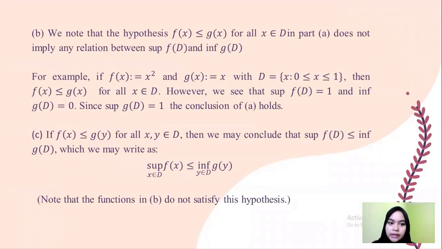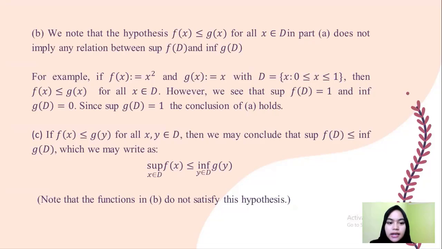And for part B, we note that the hypothesis in part A, f(x) is less than or equal to g(x) for all x in D, does not imply any relation between the supremum of f(D) and the infimum of g(D).